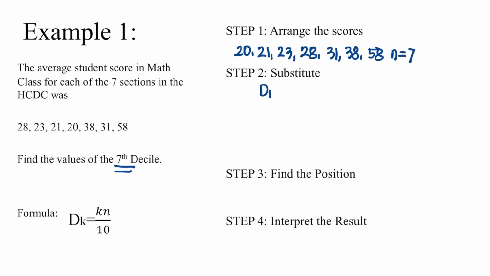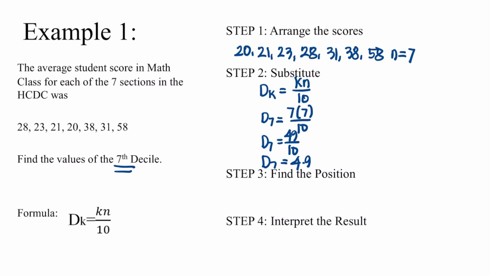Substitute to the formula, d sub k is equal to kn over 10. Again, d sub 7 is equal to 7 times 7 divided by 10, which would give you 49 divided by 10, which is equal to 4.9.